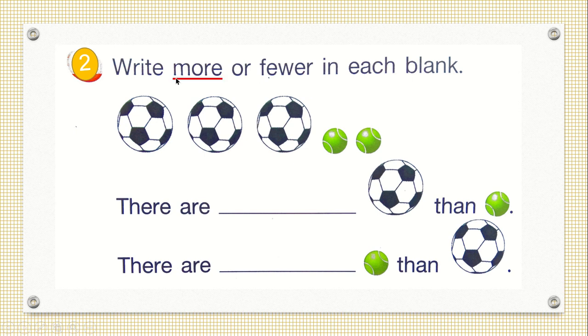Remember, more means bigger, then fewer means smaller, the same as less. So there are more balls than tennis balls. Very good. Now I want you to answer this one. Write your answer in your book.